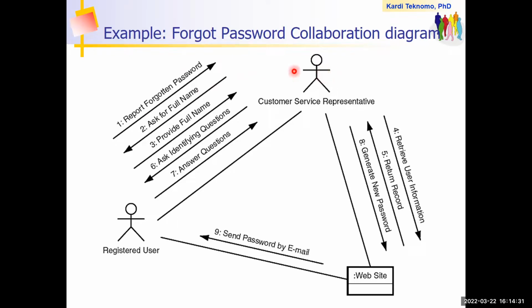Number 2, the sales representative will ask the full name, right? Number 3, the registered user will provide the full name, and so on. Can you see the steps between the two actors and the website?